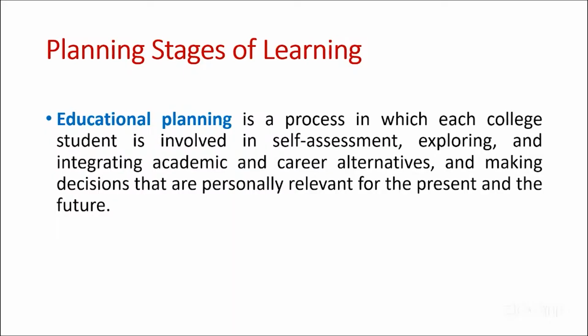It is a process in which each college student is involved in self-assessment, exploring and integrating academic and career alternatives, and making decisions that are personally relevant for the present and the future.